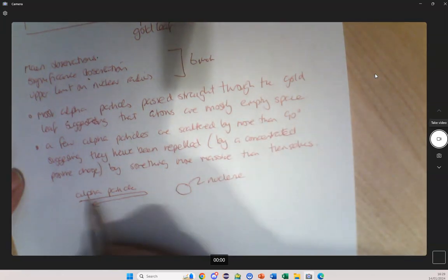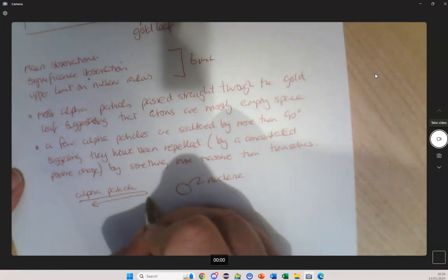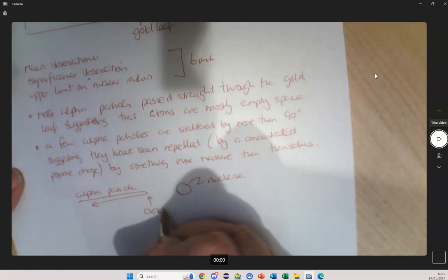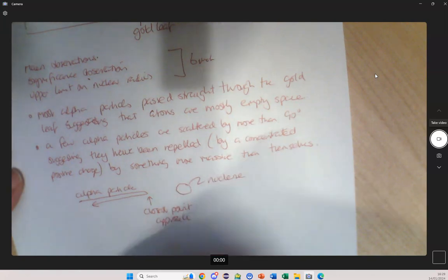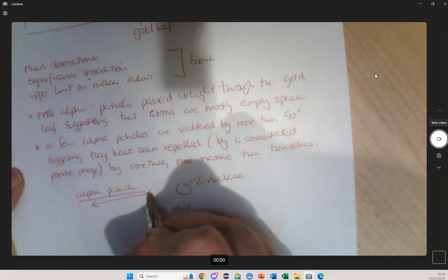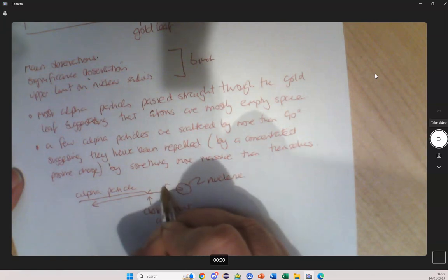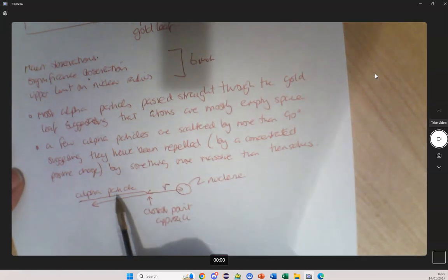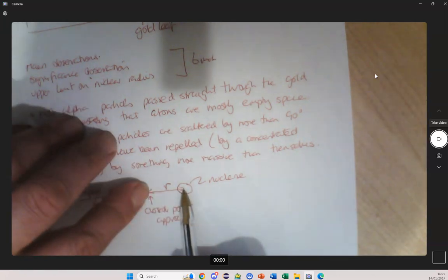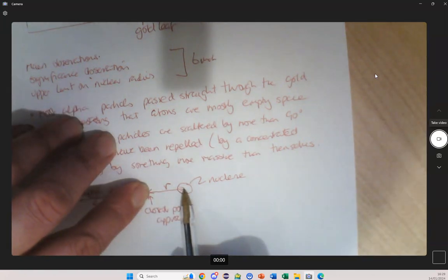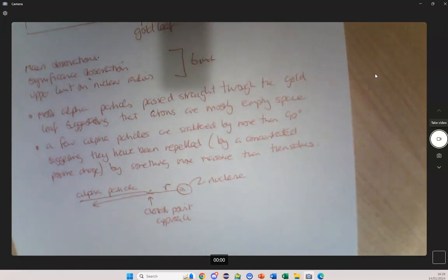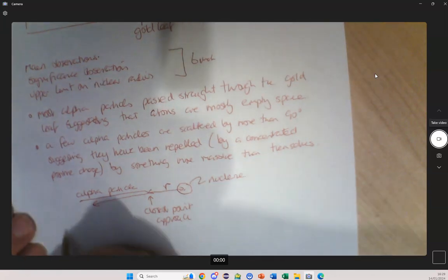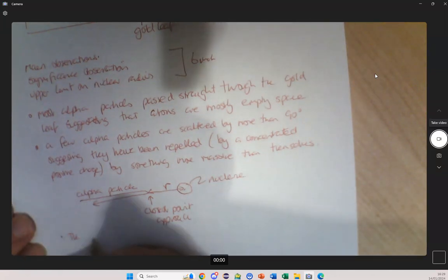Now you can imagine this point here is the closest point of approach, and this distance here we're going to call R. This forms the upper limit for the radius of the nucleus, that distance that we've got there as R.